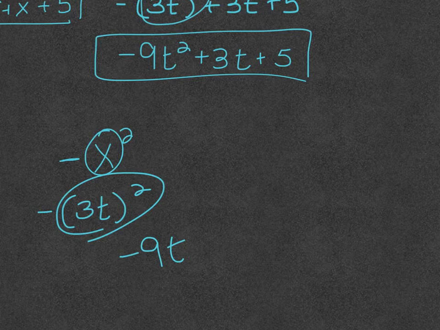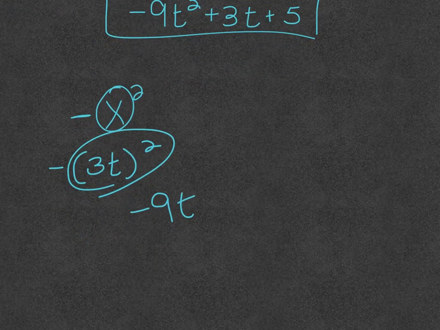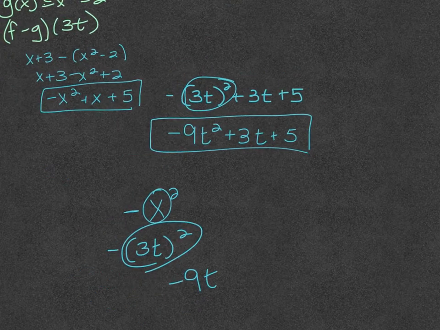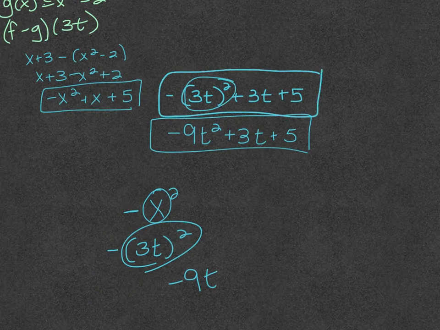So because there's an exponent, we do the exponent first, and then negative 1 times 3t squared. So you have to square the 3t first and then take the negative. So you got to here, yeah? You didn't square?